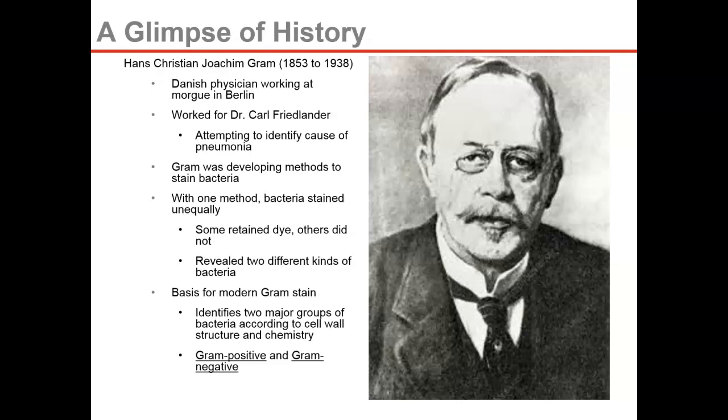Some of the cells retained the primary dye, and the others retained a secondary dye. This was the basis for what we now call the Gram stain. He was able to separate organisms based on the chemistry of the cell wall, so what the cell wall is made of. And so we know now that there are two major groups of bacteria, gram-positive and gram-negative.